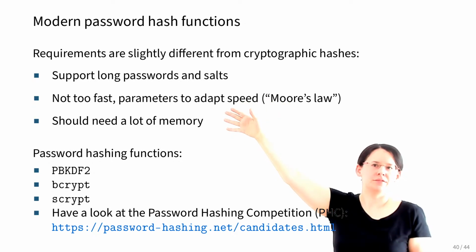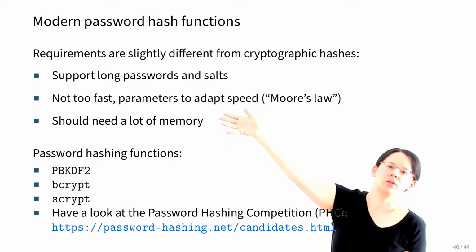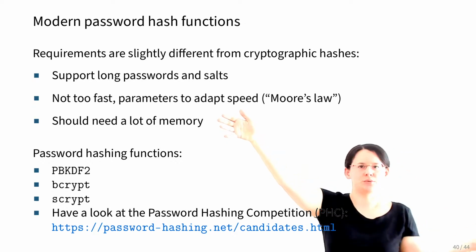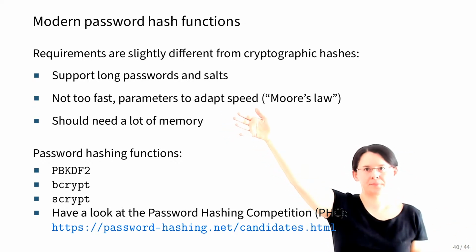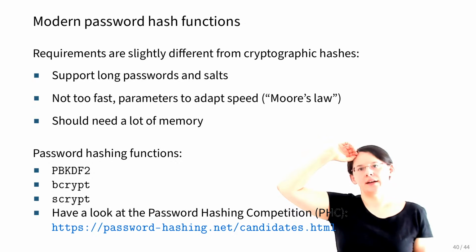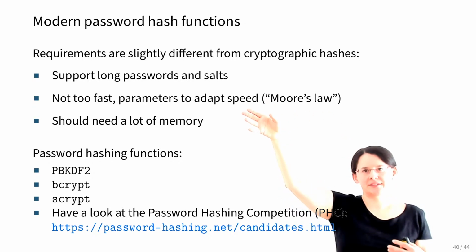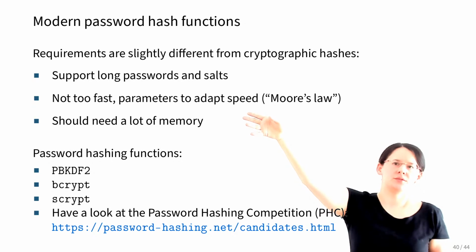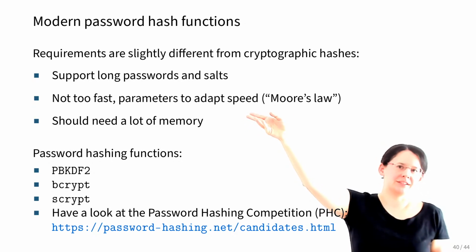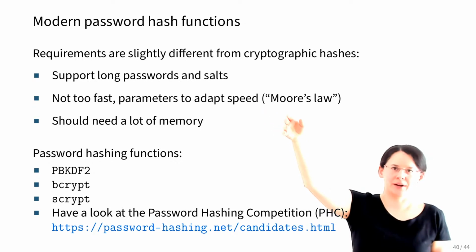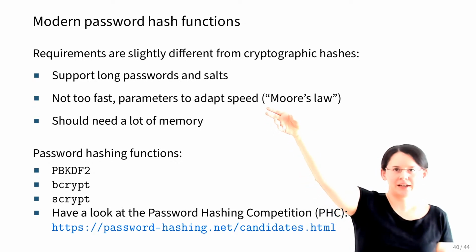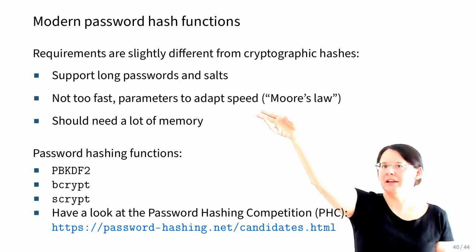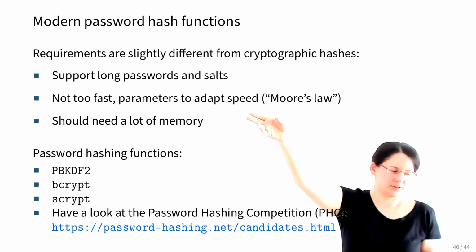So it's okay if the hash function takes a lot longer than, say, an AES which you want to apply to your whole disk. And if it's slower, then it also takes an attacker accordingly longer to test, for example, many passwords. So for the attacker, it makes a lot of difference if he waits a million times 50 milliseconds or a million times some nanoseconds.